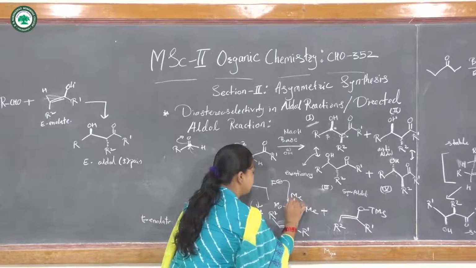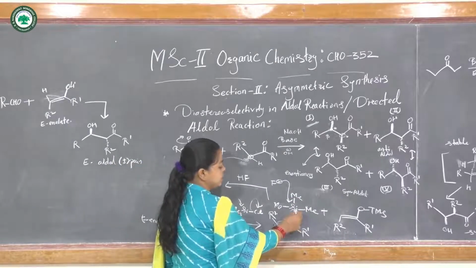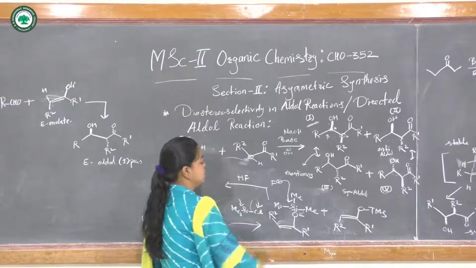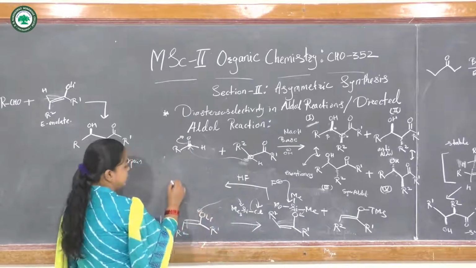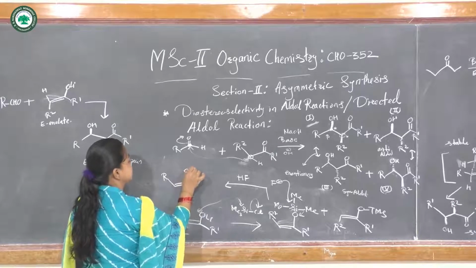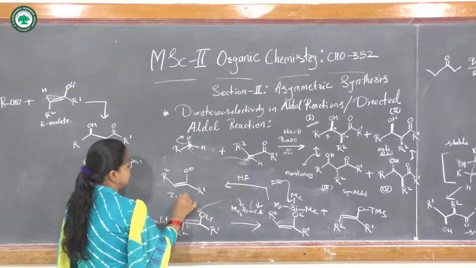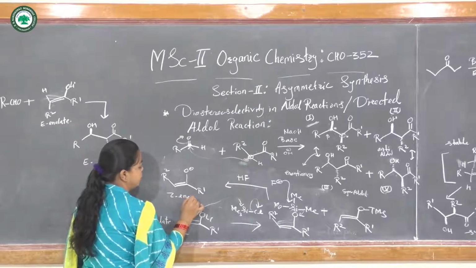So the fluoride ion attacks the silicon and this bond undergoes cleavage. So we get the corresponding Z enolate in pure form.